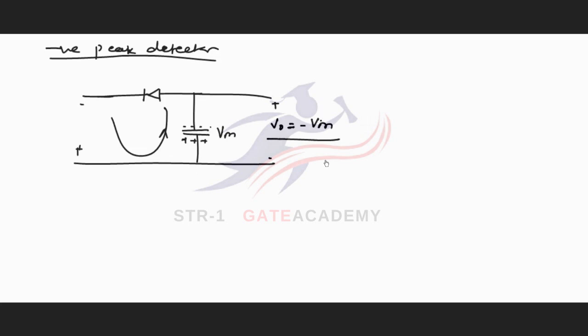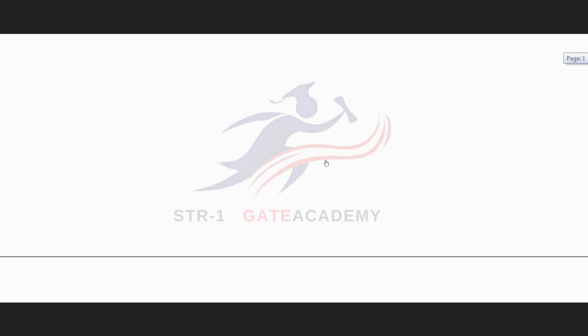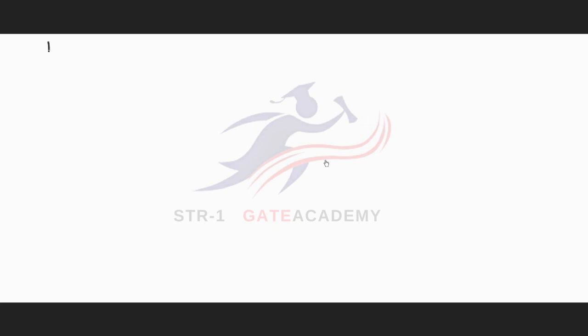In the voltage doubler circuit, the first circuit will be a clamper circuit, which will clamp the input waveform to a higher DC level, and then the peak detector circuit will detect the peak of this clamped input waveform.